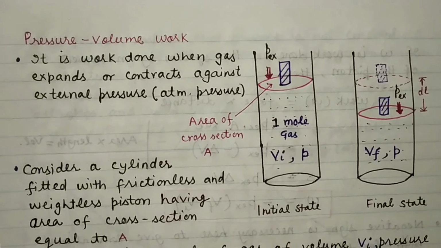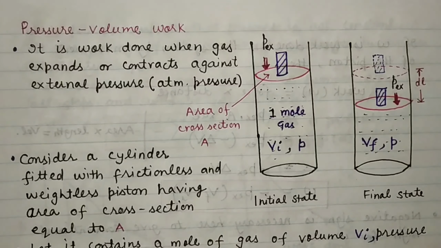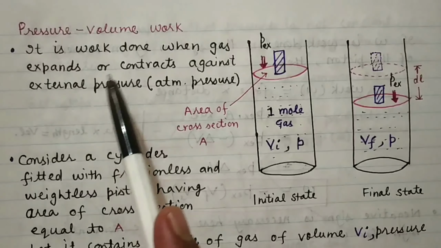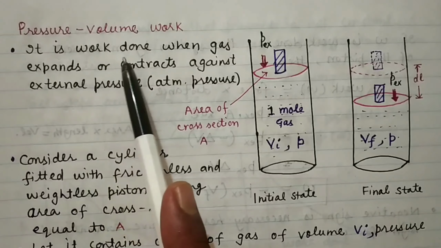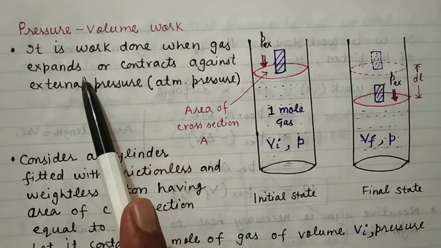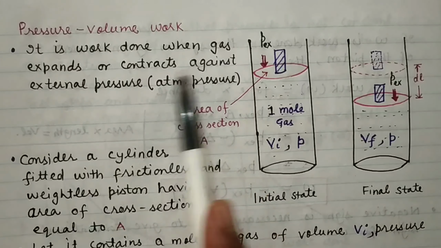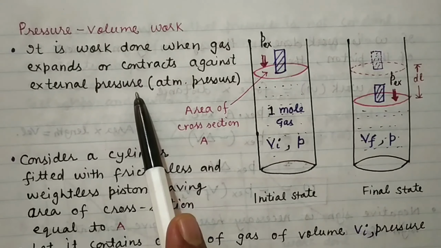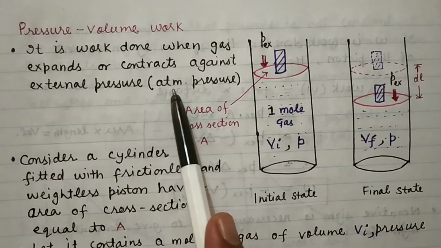Now next, moving to the pressure volume work. Here you can see pressure volume work. It is the work done when a gas expands or contracts against external pressure. Here external pressure is taken in atmosphere.